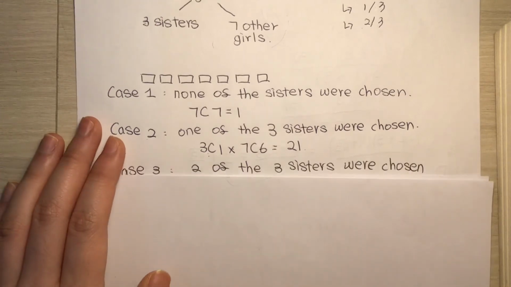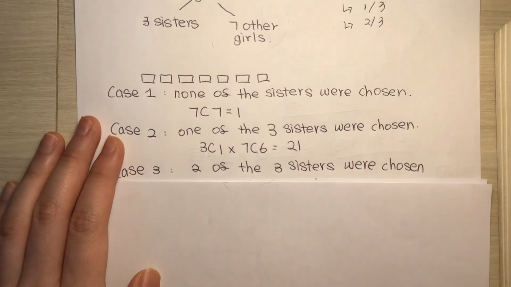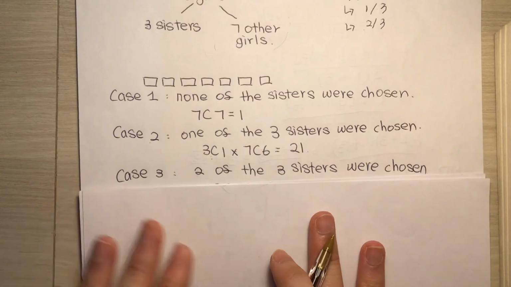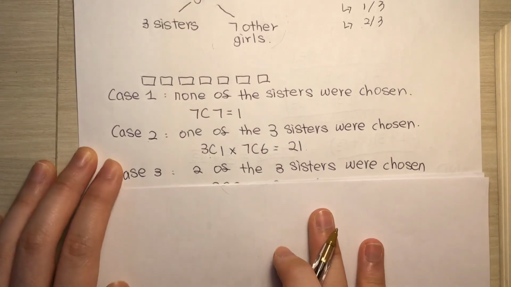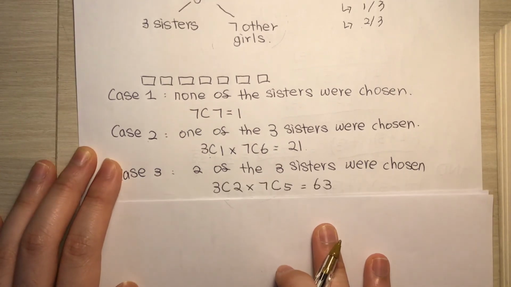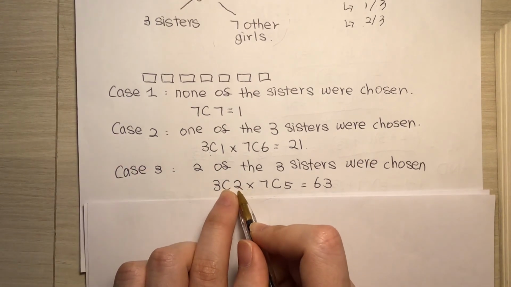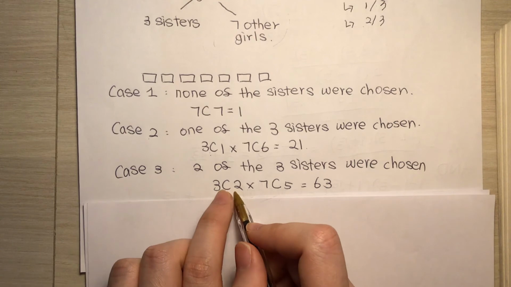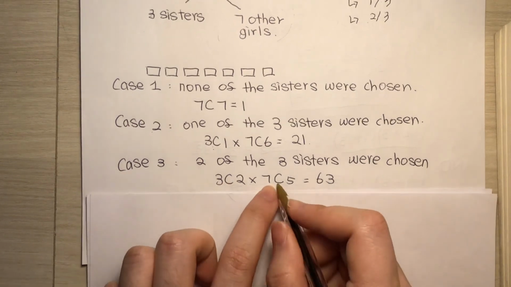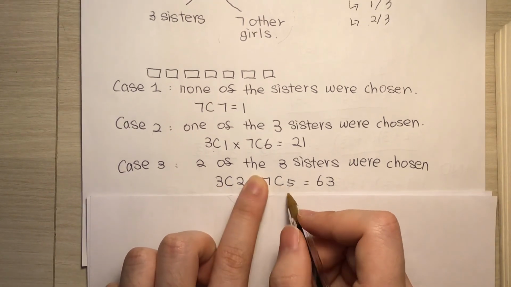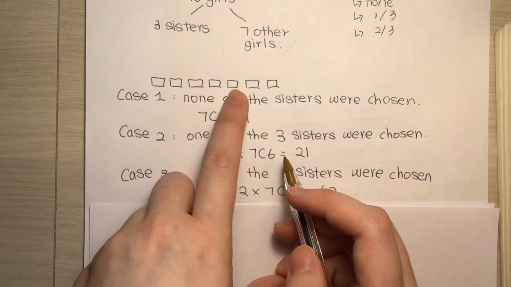And of course the last case is that only 2 of the 3 sisters are chosen. Again, similar to case 2, but this time instead of 3C1 we put 3C2, because out of the 3 sisters we can only choose 2 of them. Multiply by 7C5, where we are only left with 5 spaces to choose from.